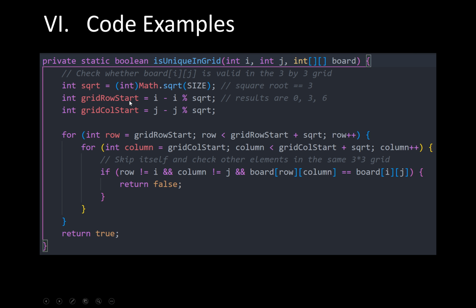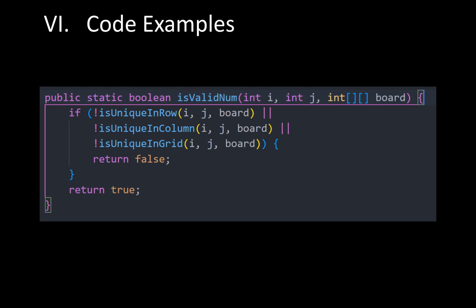For using this algorithm, you can find which 3x3 grid the current location belongs to and check the number of this grid to check if it is unique or not. Here is valid number, to use the previous 3 functions to check if this number is unique or not.